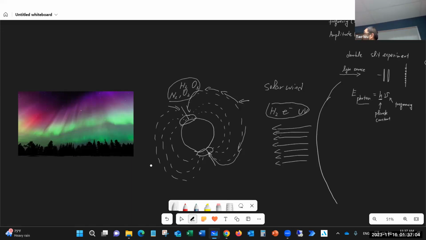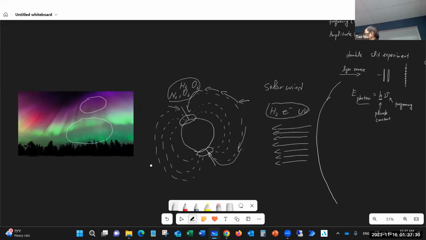And that light is what we call the aurora. Different particles may represent different colors. Nitrogen generally makes the green color. I'm not sure what the pink color represents, but they emit light, and this light is what we call the aurora.